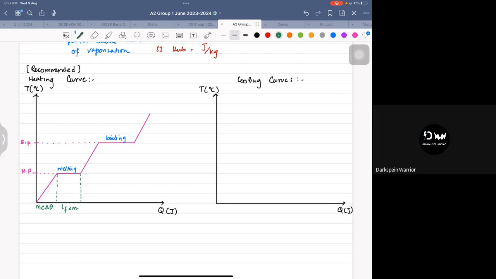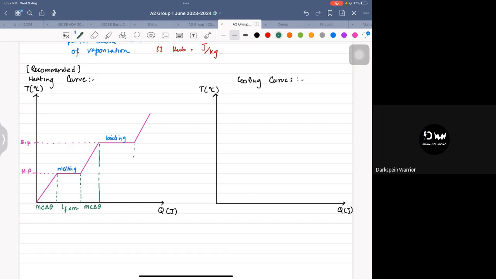So this will tell you how many steps have taken place, and then you can apply the formula, adding each part together to find the total energy. In this section again, because temperature is changing, it will be mc delta theta.